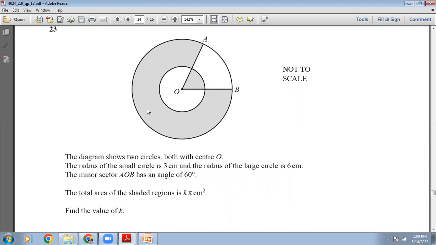You will get the area of this shaded area. Then this small sector has radius 3 and angle 60. For this sector the angle is 300. For the large sector, the radius is 6. For the small sector, the radius is 3.